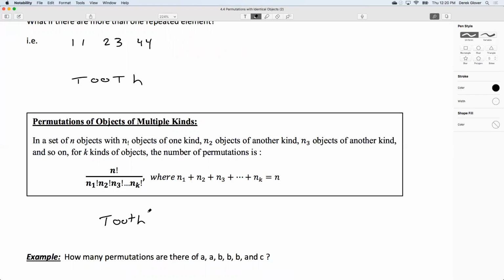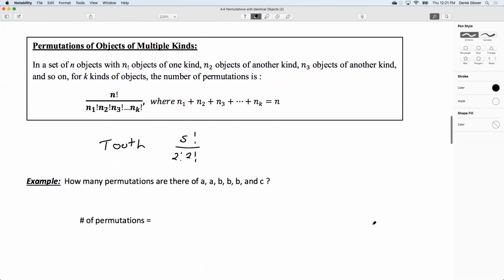It's going to be 5 factorial over the number of O's, which is 2 factorial, over the number of T's, which is 2 factorial. So you basically take the total number factorial, divide it by however many things are repeated, all multiplied together, and all factorials.